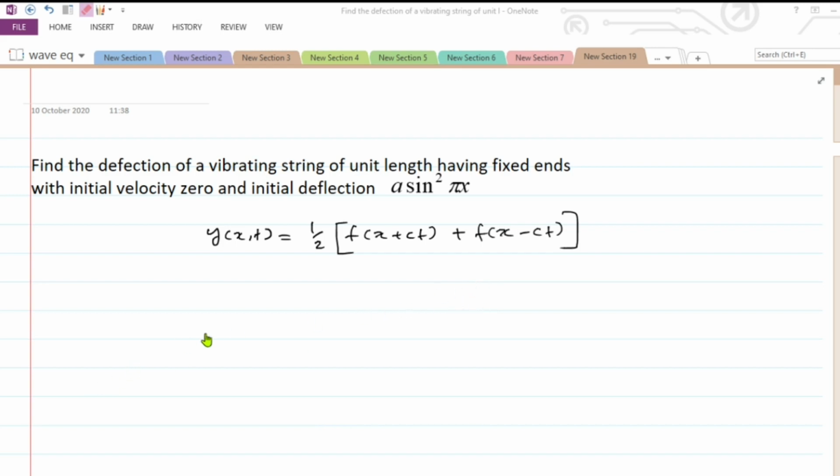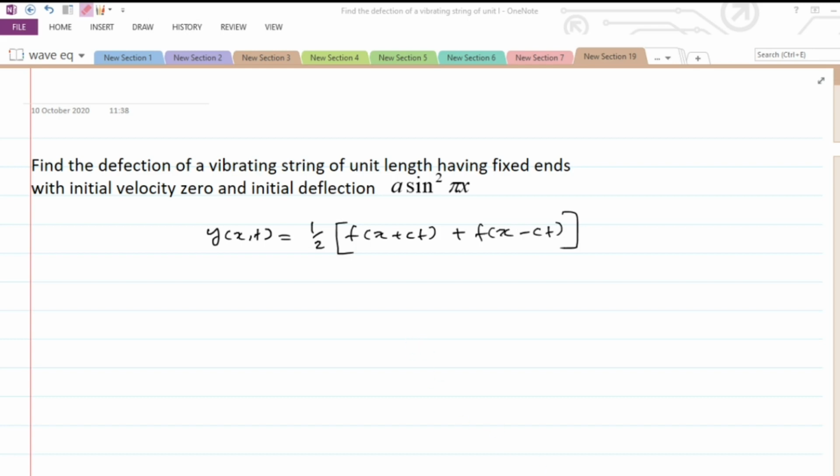So for that what we do is we first of all substitute all these values in this particular formula. In place of x we have to take x plus ct.